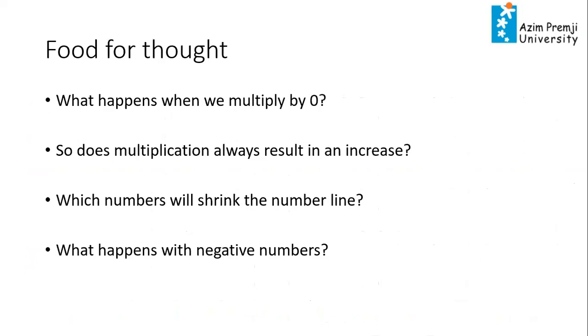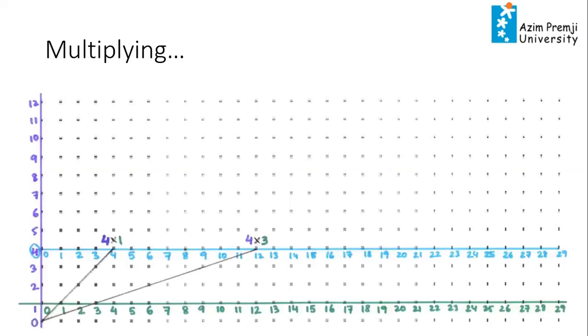So now if you look at this, these things about what happens when we multiply by 0, etc., always come in place, because you can get a sense that instead of 4, if you had taken 8, the stretch would have been more. If instead of 4, if you had taken 3, the stretch would be less. And if it was 0, everything will collapse to a point, right? And if it was 1, then it will remain where it is, multiplicative identity, right?